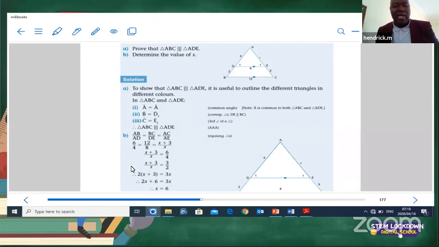Thereafter, you will say angle B is equal to angle D1. Why are they equal? They are corresponding angles. Why are they corresponding?